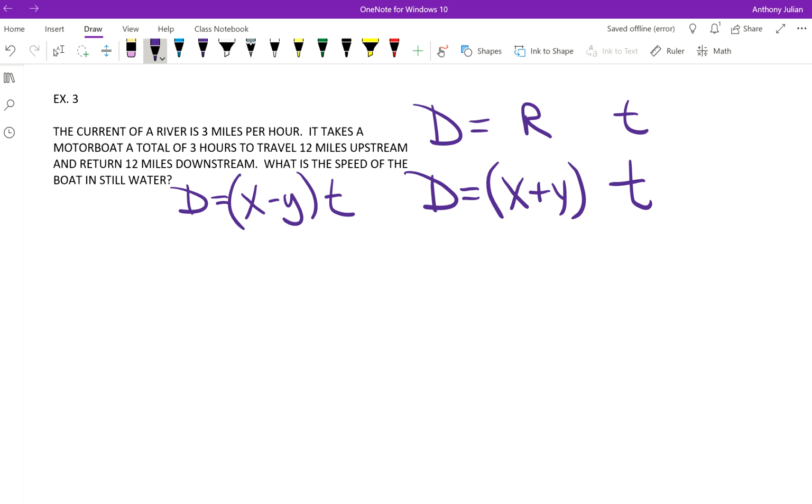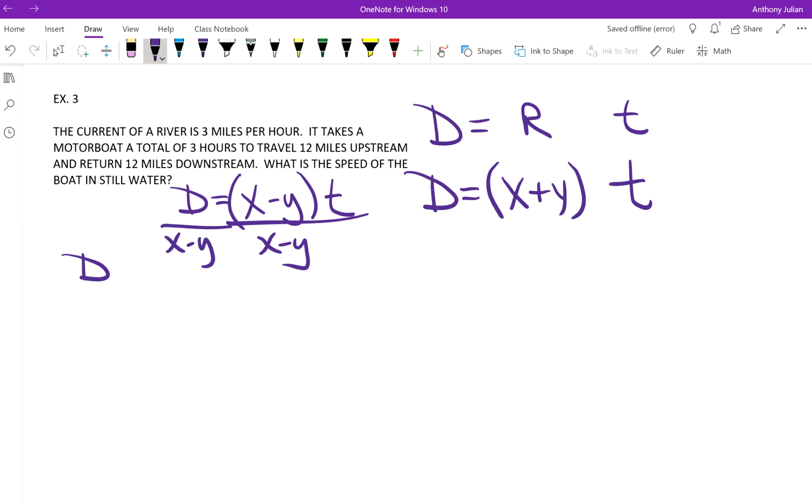Okay, sorry about that. Lost my train of thought. And so what we're going to do here now is I want to solve each of these for t, because that's basically the only variable I'm going to have left once I fill it in, other than the x, but that's what we're solving for. All right, so here I've got the distance. Well, let's solve for t first. So distance is going to be divided by x minus y.